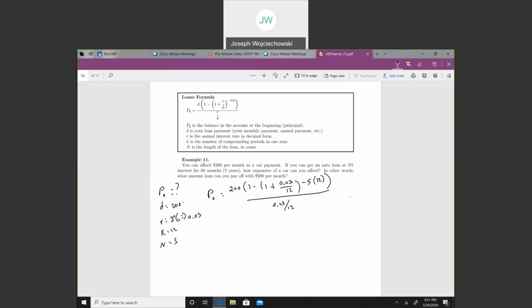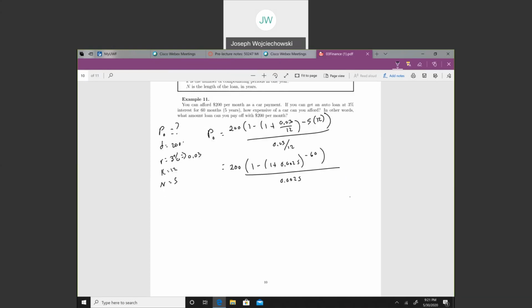So we get 200 times 1 minus 1 plus 0.0025 to the negative 60th power over 0.0025. So that equals 200 times 1 minus 1.0025 to the negative 60th over 0.0025.